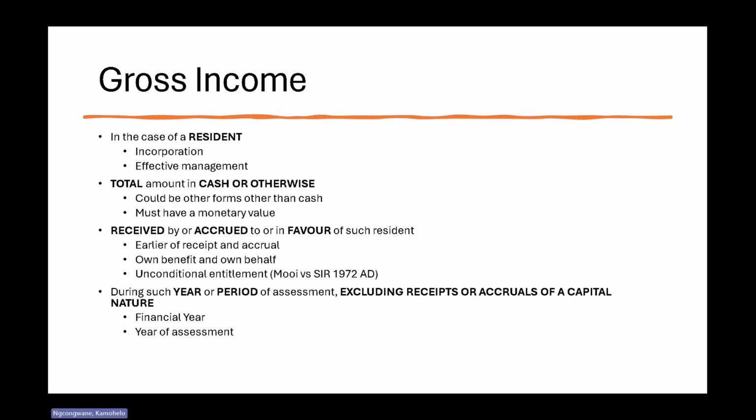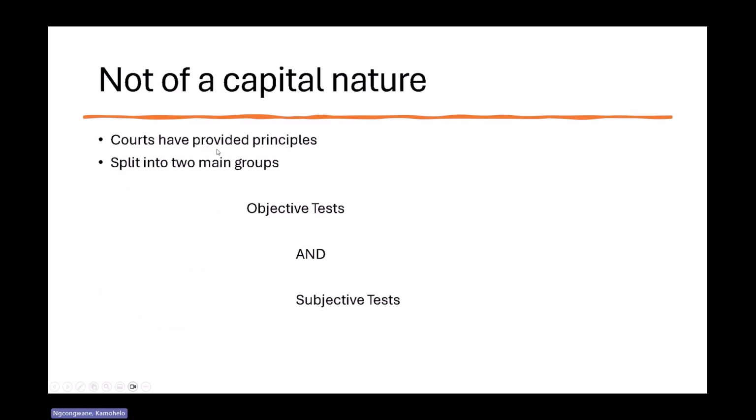When you go further, you will start going into principles that help you determine whether an individual is a resident for income tax purposes, and in that section you will go through objective and subjective tests of determining whether somebody is a resident. For now, we're looking at whether something is of a capital nature, and there are two components: the objective test and the subjective test.